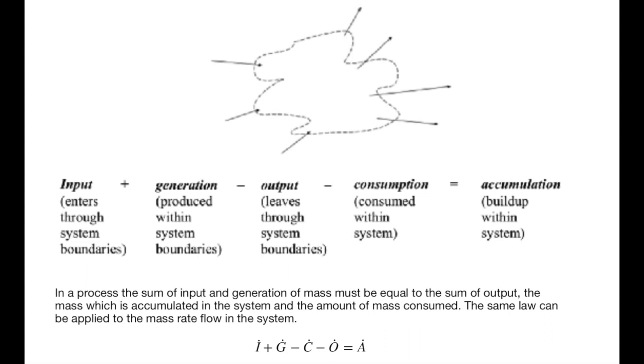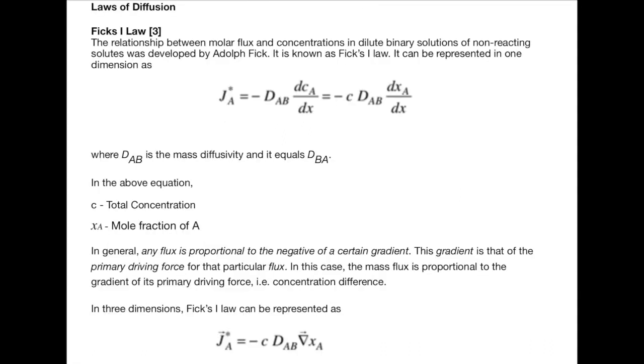By conservation of mass, as you can see on the screen, input plus generation minus output minus consumption equals accumulation. For any process, this is valid. This is what we call conservation of mass. Mass cannot be destroyed, nor be created, as we discussed earlier. Coming to Fick's laws: J star, which is flux, is equal to minus D_AB dC_A by dx.